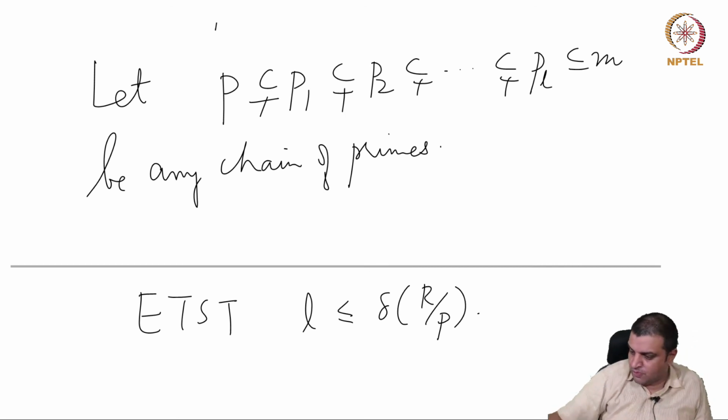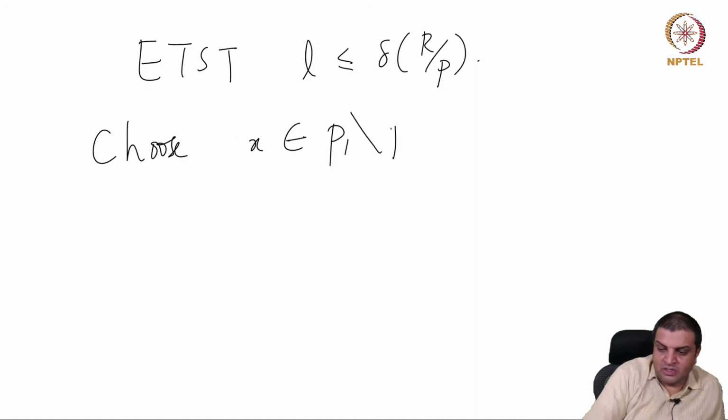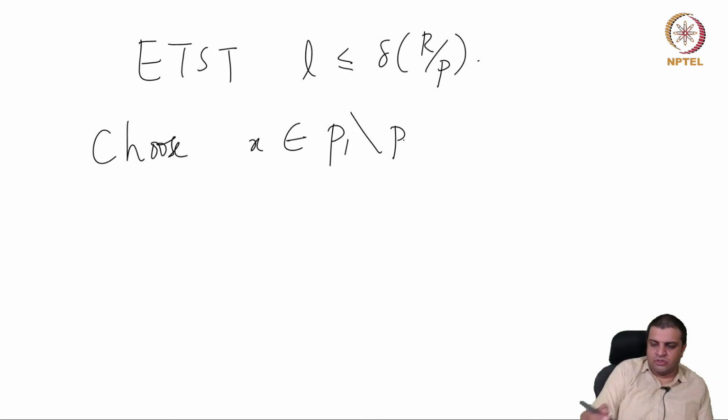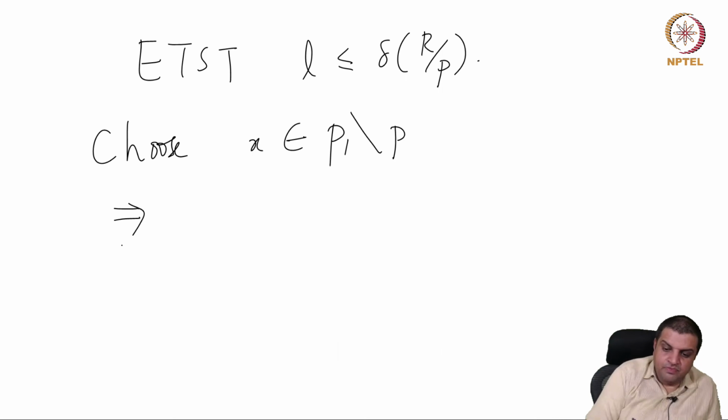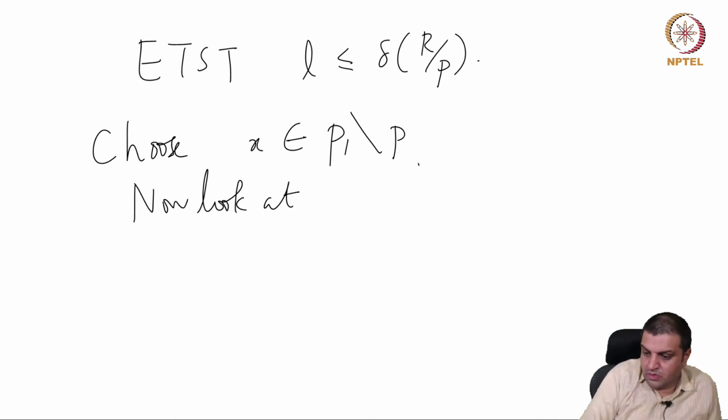Now choose x inside P1 but not inside P. This is the choice that we needed. Now look at R mod P plus x.